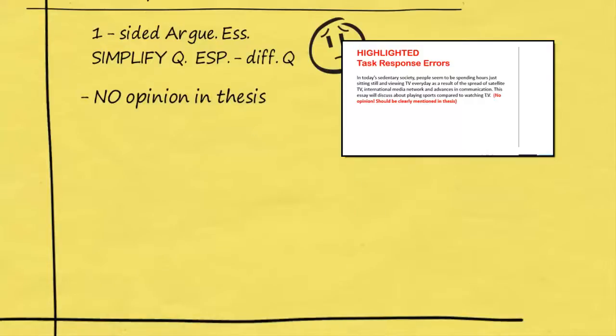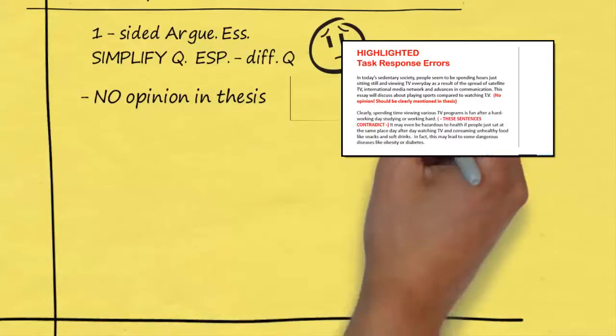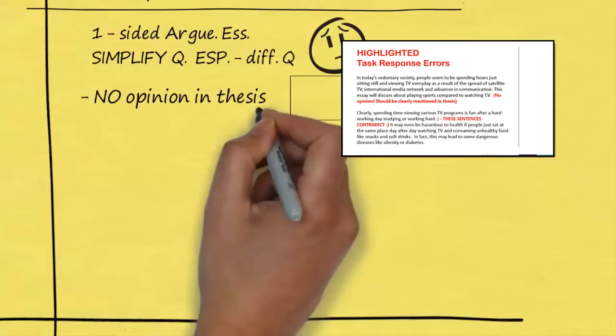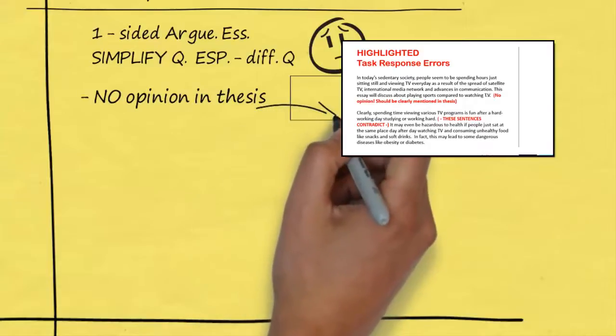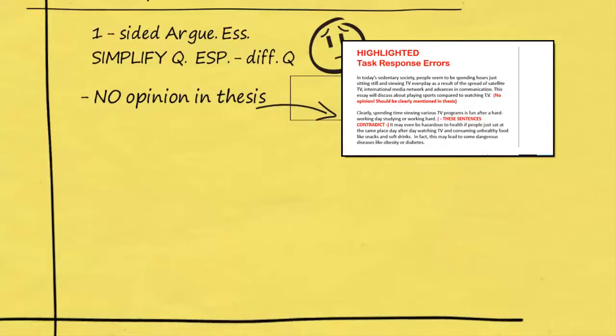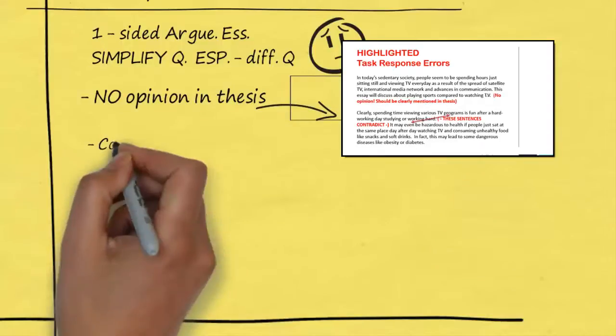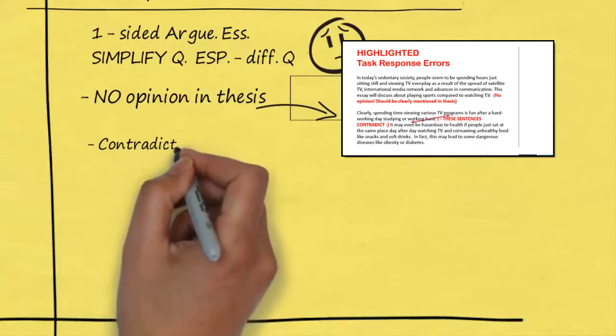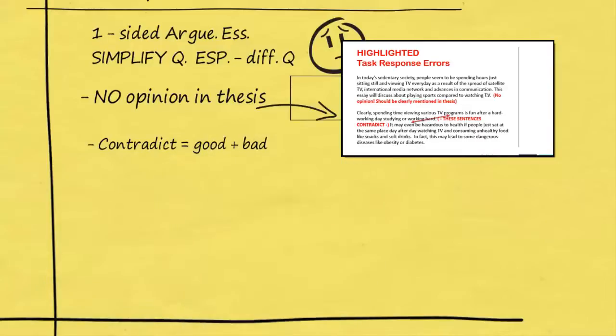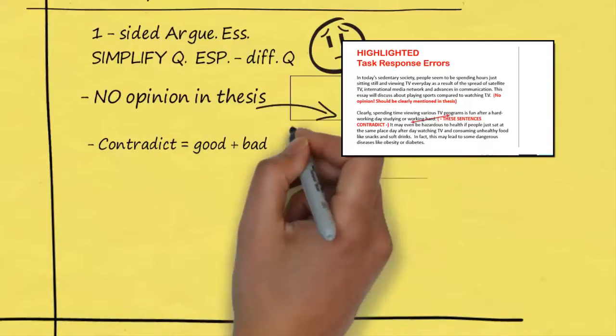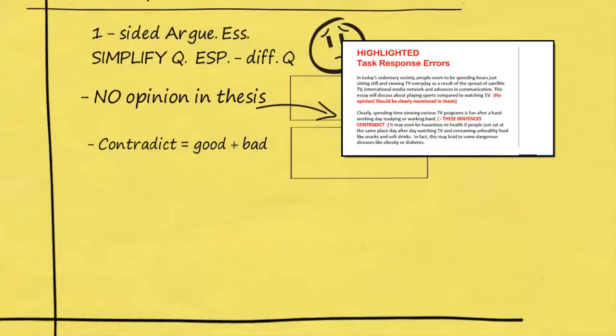What do you think? Do you agree or disagree? The first body paragraph. Immediately we've got a contradiction here. Can you see this? So this is a good example of not a clear position throughout. So the person actually says a good point about TV, and then they say that it's hazardous to health. So that's a problem there.